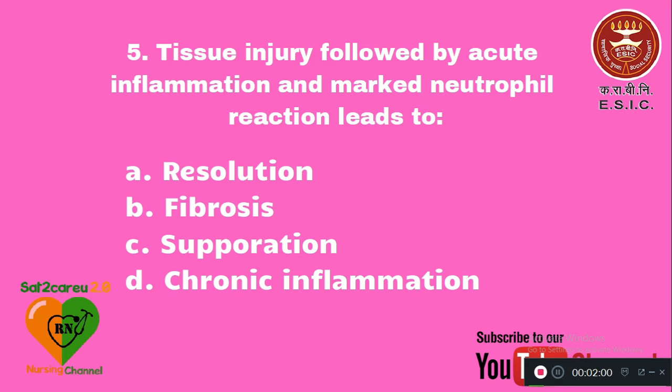Tissue injury followed by acute inflammation and marked neutrophil reaction leads to option A resolution, B fibrosis, C suppuration and D chronic inflammation. The correct answer is suppuration.